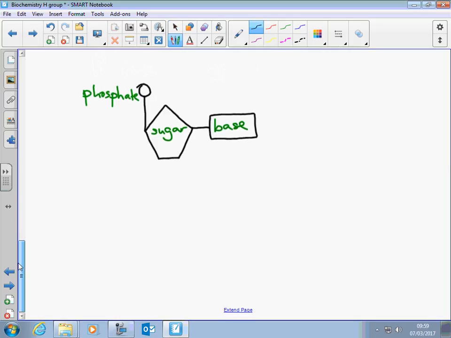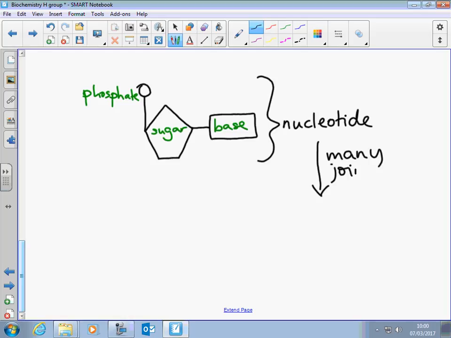Okay. So that is the nucleotide. If you get many of them joining together, you get the polynucleotide. And that really is what RNA and DNA are. Right? They are just polynucleotide chains.